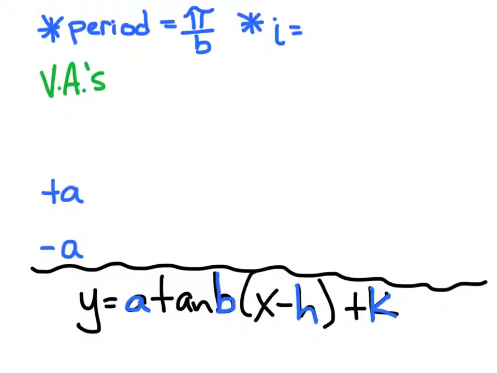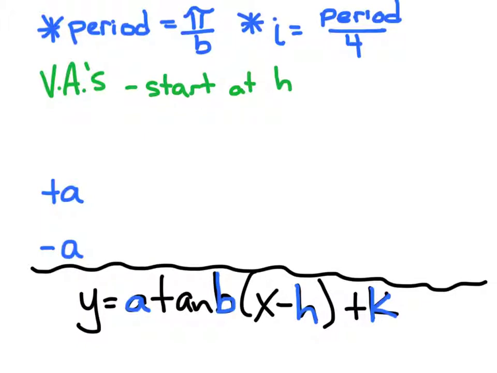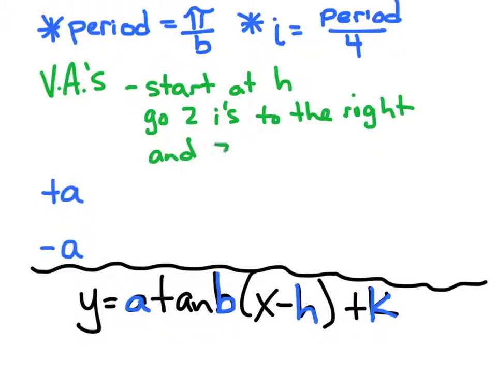So that's one of the major changes between tangent and sine and cosine. The increment, though, is still found by doing the period over 4. To plot the vertical asymptotes, you start at h, and then go 2 increments to the right, and 2 to the left.